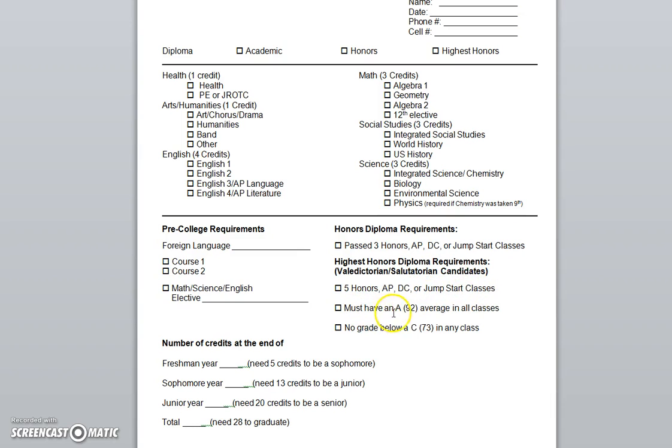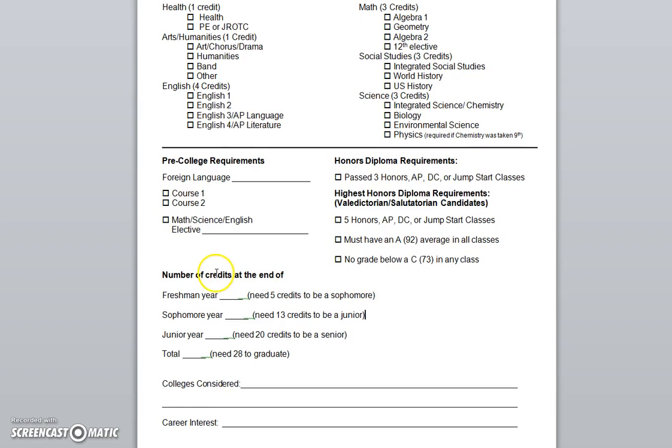You must have an average of 92 in all classes and no grade below a C in any class. So that's where you would pick up your honors diploma or your highest honors diploma. And this is very important, especially for those that are wanting to be considered for valedictorian and salutatorian.